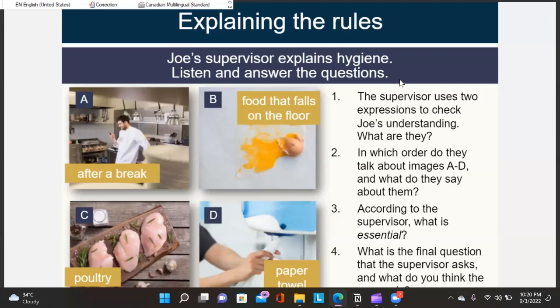He asked him if he understand everything. I think so. Yes, absolutely, you're right. So he asked him if he's following and he's understanding. So the expressions that he used were "okay," and "is that understood?" So yeah, exactly. So he was checking his understanding by saying, okay, is that understood?